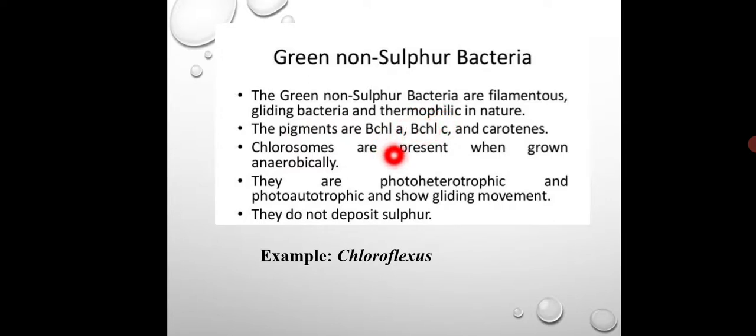The pigments included in green non-sulfur bacteria are bacteriochlorophyll A, C and carotenes. Carotenes are also pigments.